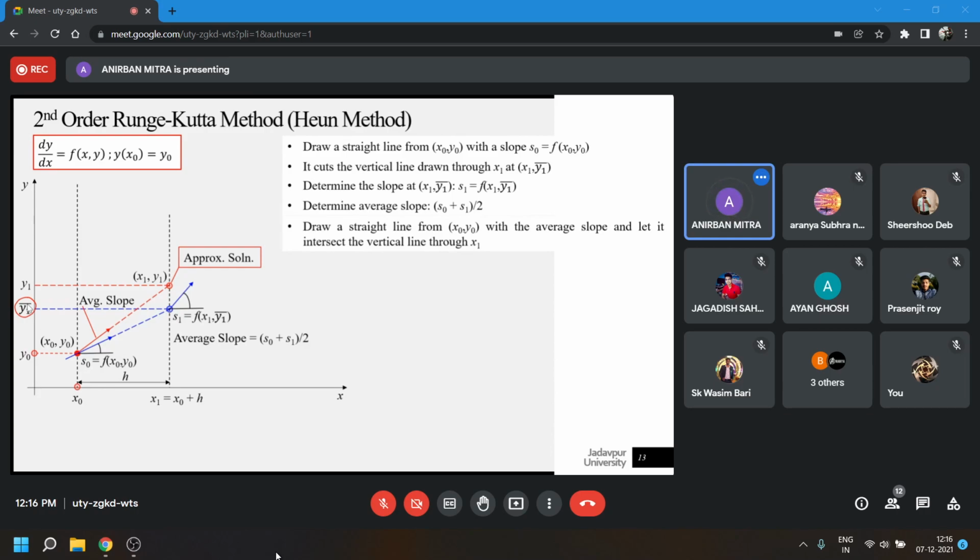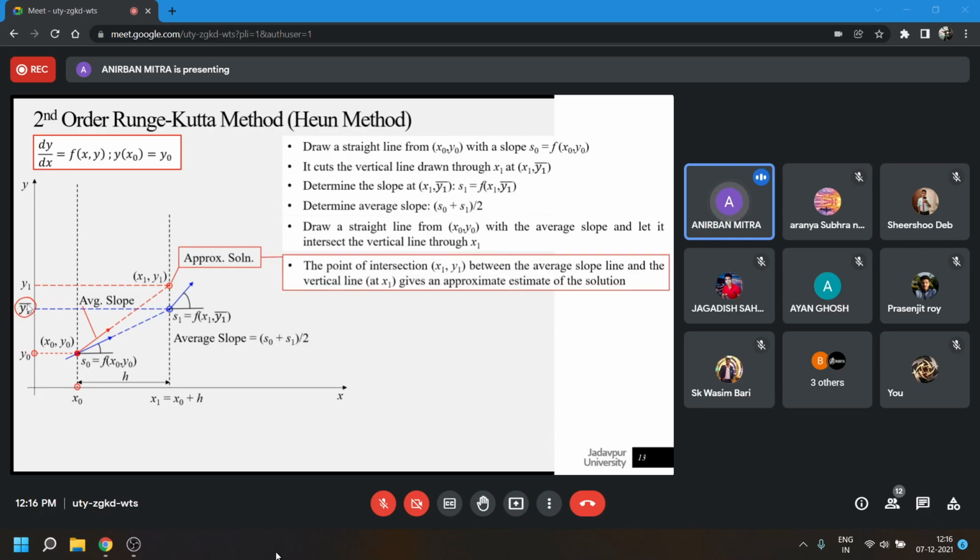Calculate the average of these slopes. And then finally, from the initial point with the average slope, we extend a line to the vertical line passing through x1. The intersection between the average slope line and the vertical line at x1 gives us the approximate solution at that position. This is the approximate estimate.